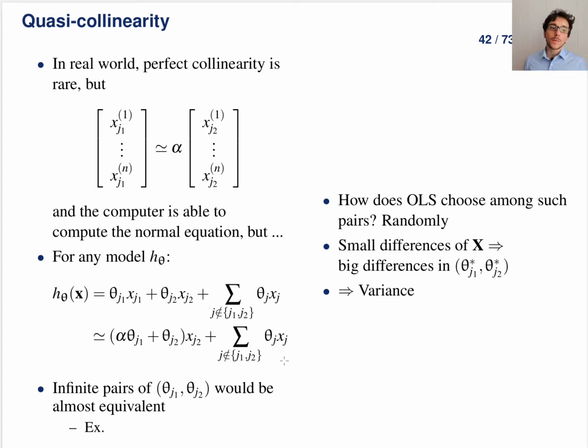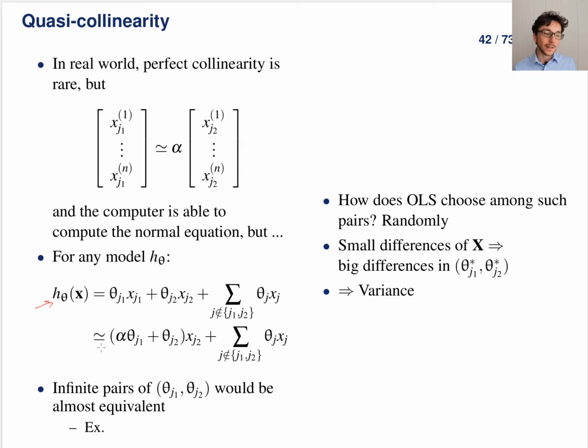In reality, we may have quasi-collinearity, meaning that one column is quasi-proportional to the other. So let's then write a generic linear model and suppose that feature J1 is quasi-collinear with feature J2.